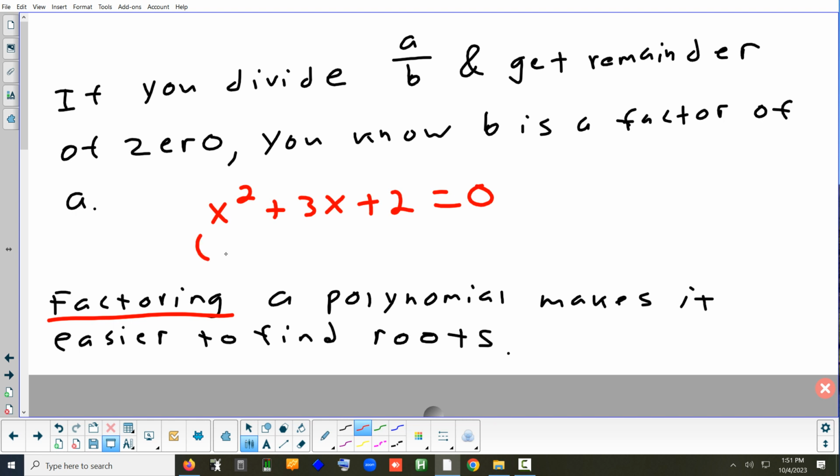But if you factor it, and that is correctly factored, then you can easily see what value would make the first factor 0, and then what value you could plug in for x to make the second factor 0. So -1, -2. Factoring makes it a lot easier to find the roots in a problem. That's why we usually do it.